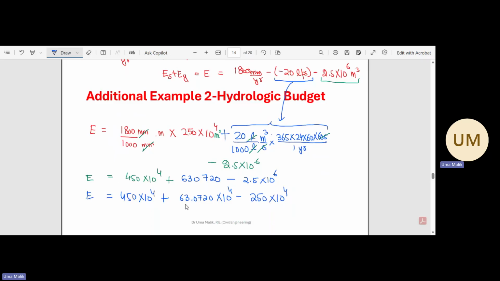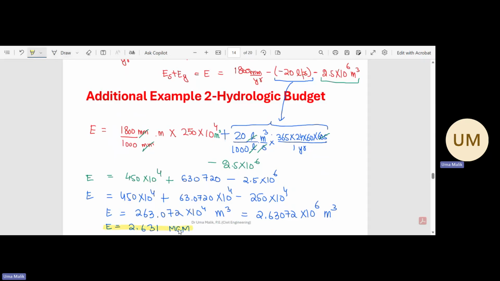Putting it in the calculator, you will get the answer. I am getting 263.072 into 10 raised to power 4 meter cube, which is equal to 2.63072 into 10 raised to power 6 meter cube, which can be written as 2.631 million cubic meter, because my answer needs to be in million cubic meter.